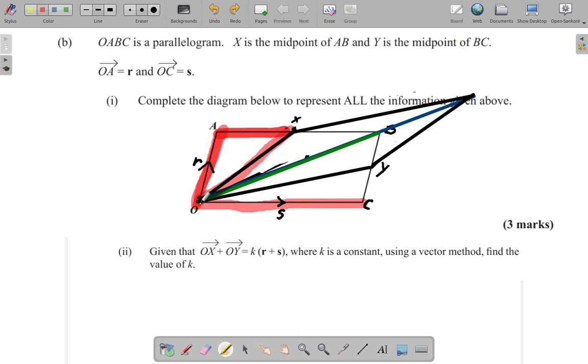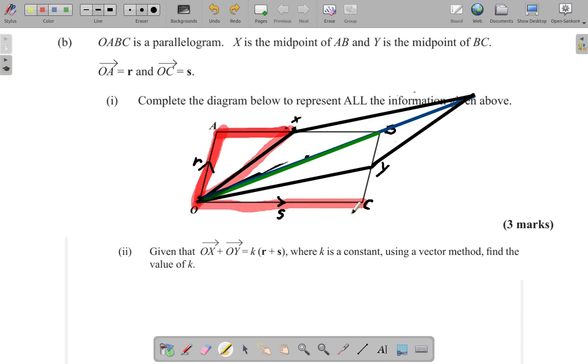Alright? You see that? We're saying, follow the cursor, OX is OA plus AX. Now OX is R plus AX, but AX is half S. S goes all the way from O to C. It's like AB.